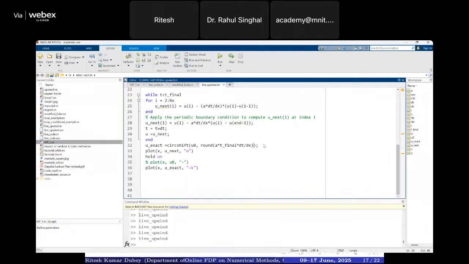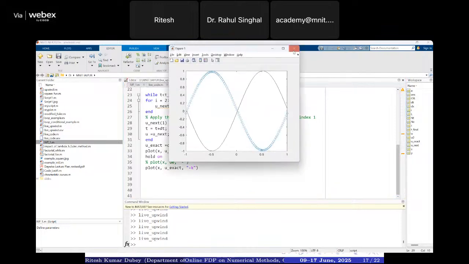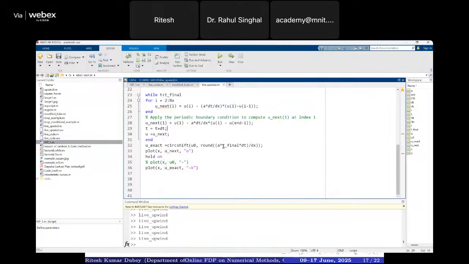Okay, there's one shift which I'm not able to find out why this is not happening.